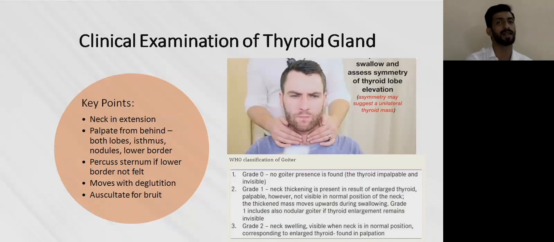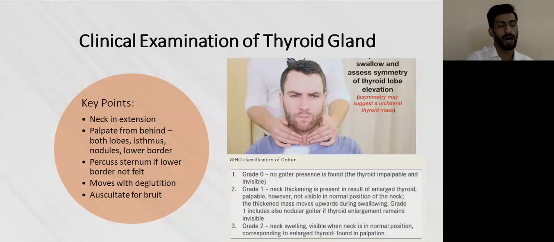If you can't feel the lower border of the swelling, that could indicate retrosternal extension of the thyroid, which can be clinically assessed by two methods. One, direct percussion over the manubrium sterni, where you can get a dullness. Second is by doing a Pemberton test.